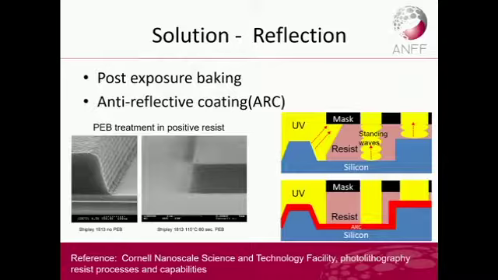Or you can use a more advanced anti-reflective coating, which either absorbs all the light or induces a half wavelength shift that cancels the superposition of the reflection, so that if you have this anti-reflective coating, light will be bounced back with very little standing waves, then you wouldn't have problems like these rough edges.